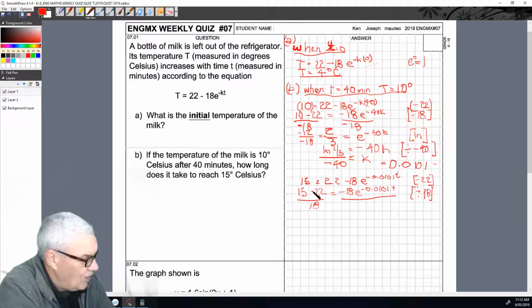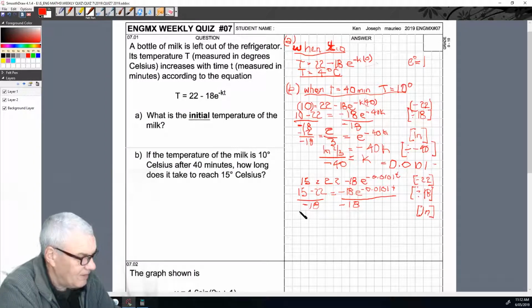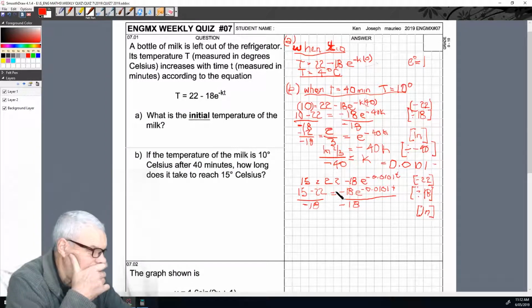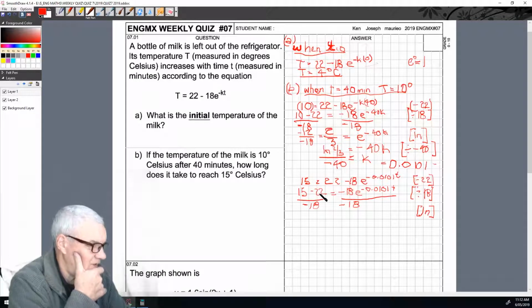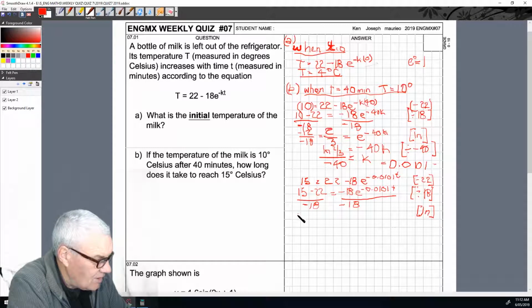I'm going to divide through by negative 18. And then I'm going to take the log of both sides as previous.